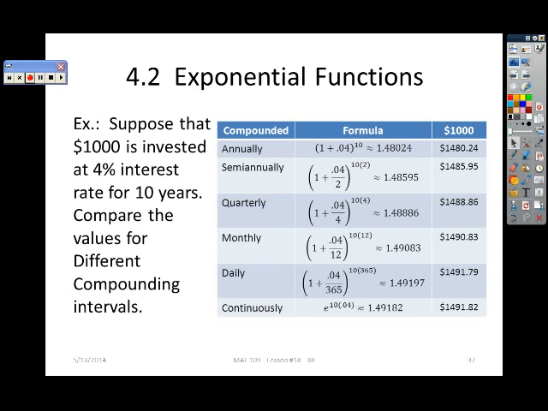You get $1,485. 4 times a year, a little bit more. 12 times a year, a little bit more. Every day, a little bit more. If you did it continuously, just a little bit more. So it doesn't make much difference. The difference between once a year and continuously is only $11. But it does make a little bit of difference.